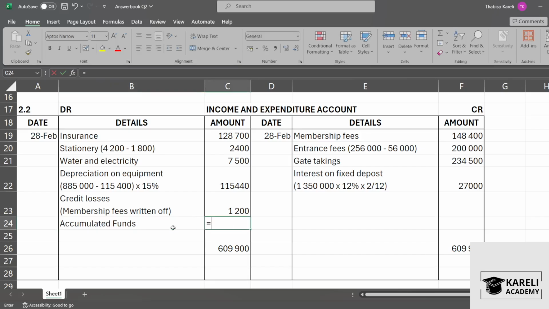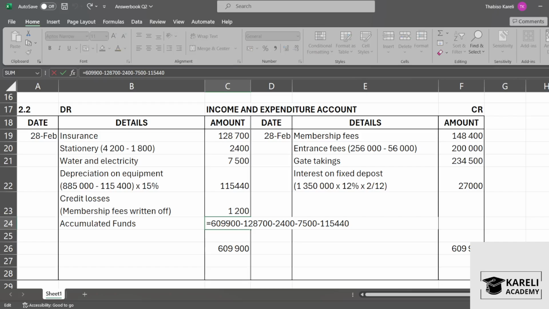How much will it be? We take 609,900, minus 128,700, minus 2,400, minus 7,500, minus 115,440, and then the answer will be 355,600.